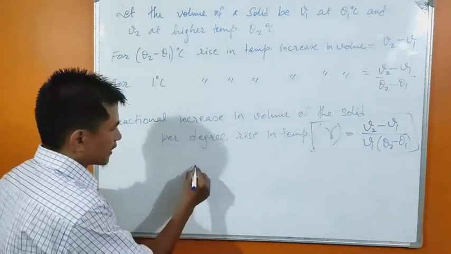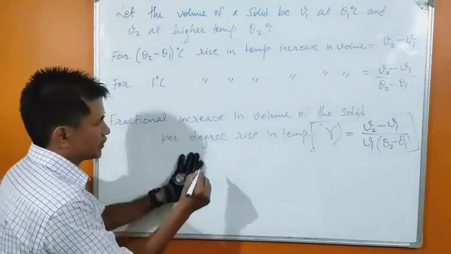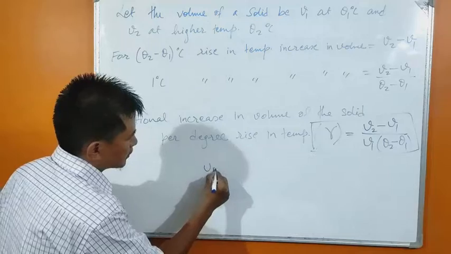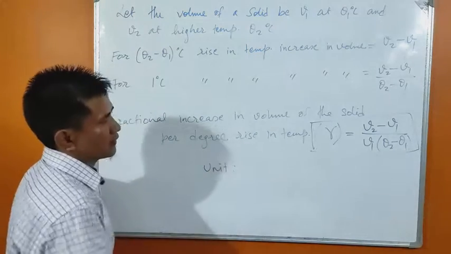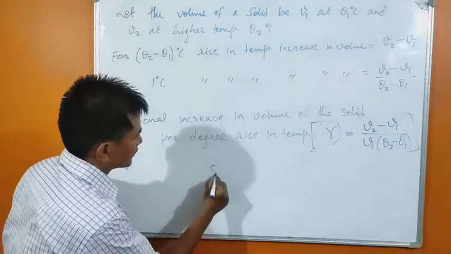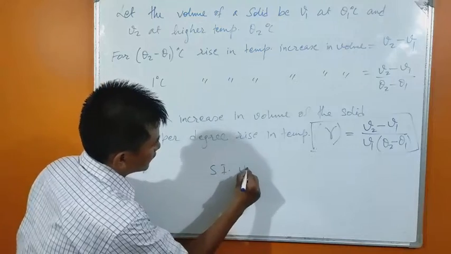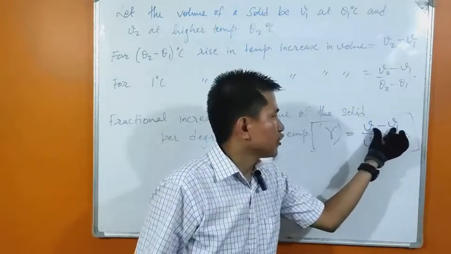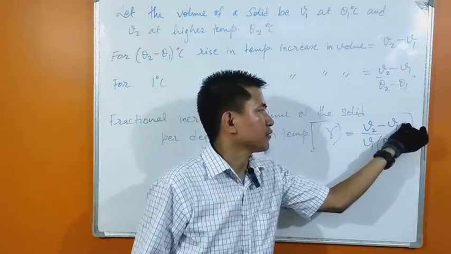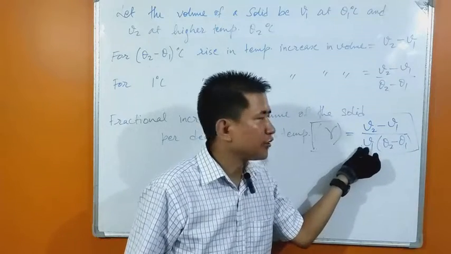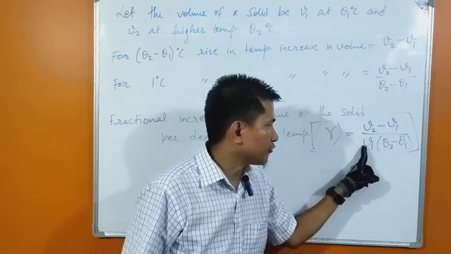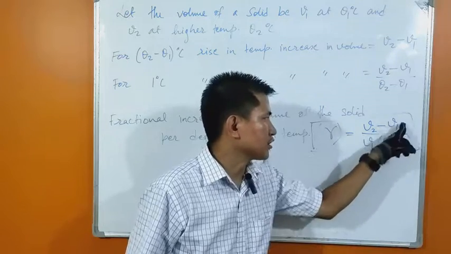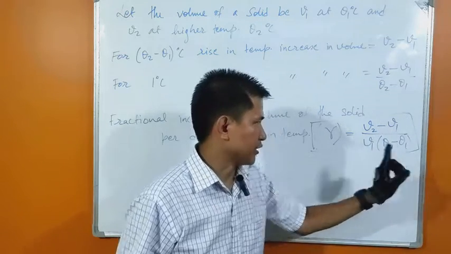Now let us write the unit of coefficient of volume expansion. SI unit is, in the numerator the unit of volume comes, and in the denominator also the unit of volume comes. So the unit of volume and the unit of volume get cancelled, only the unit of temperature remains.